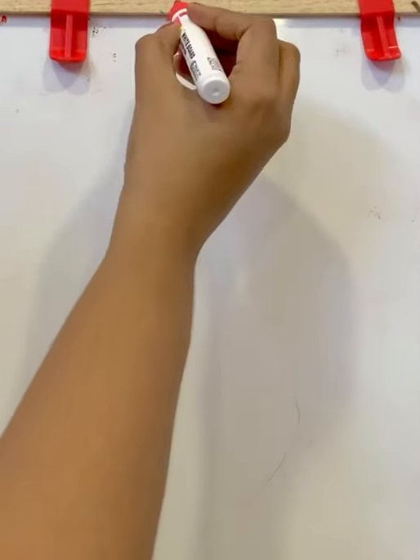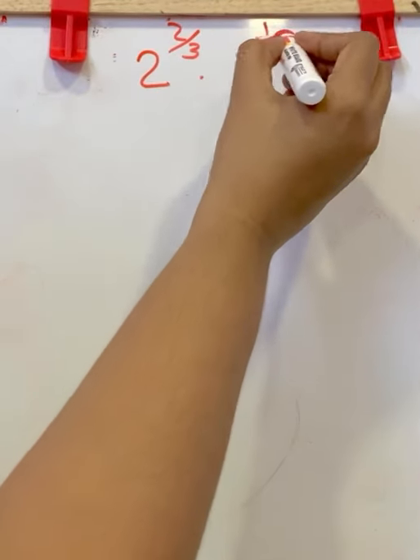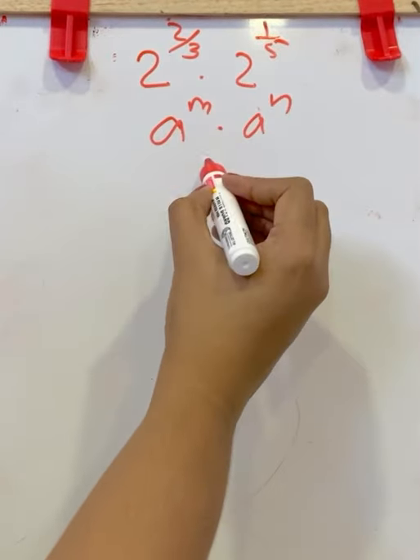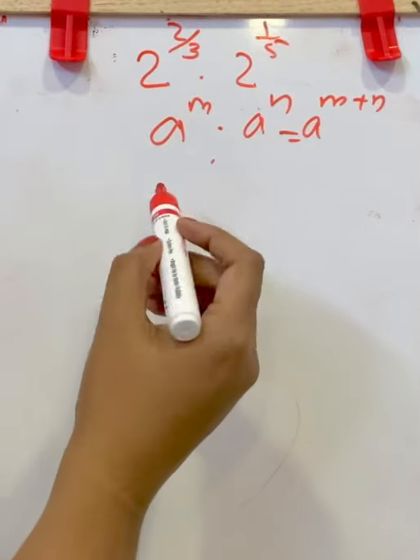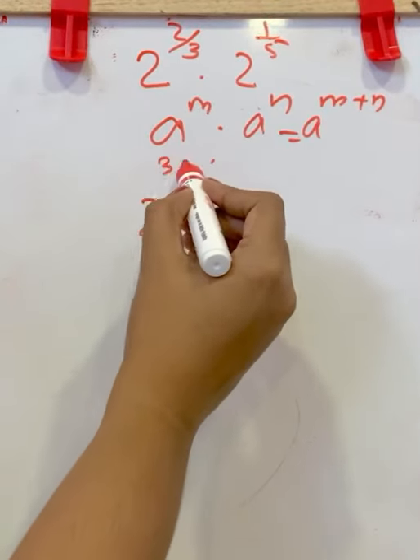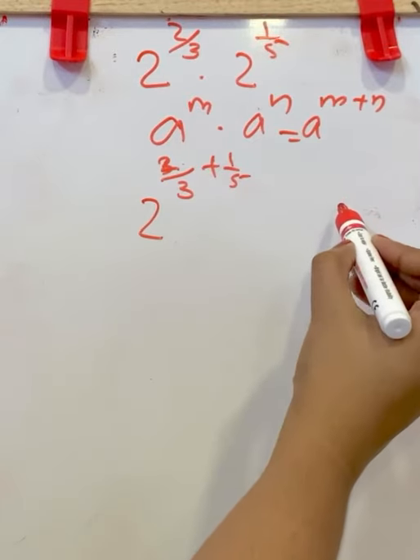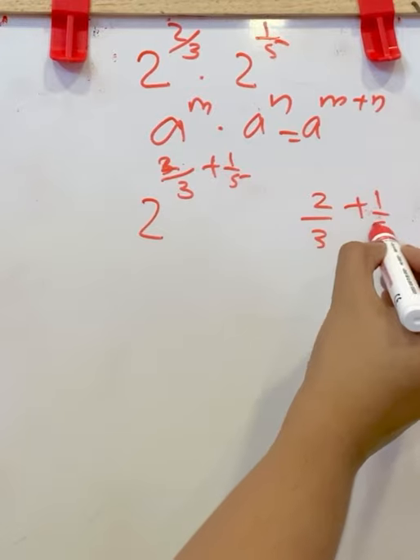Next, simplify 2 raised to 2 by 3 into 2 raised to 1 by 5. This is a raised to m into a raised to n form, which is equal to a raised to m plus n. That is 2 raised to 2 by 3 plus 1 by 5. We will separately add the exponents, 2 by 3 plus 1 by 5.